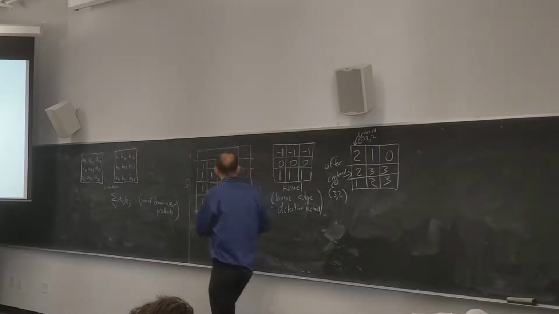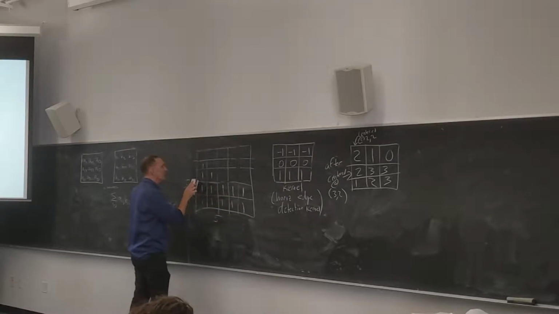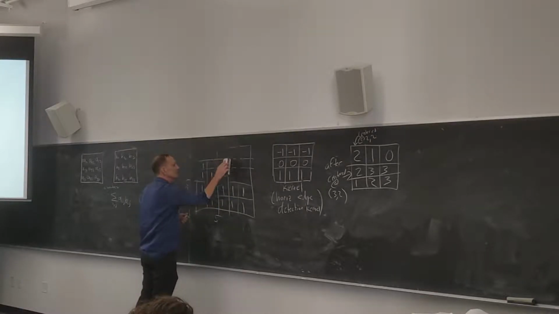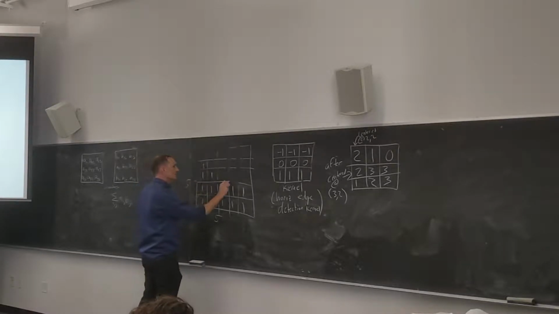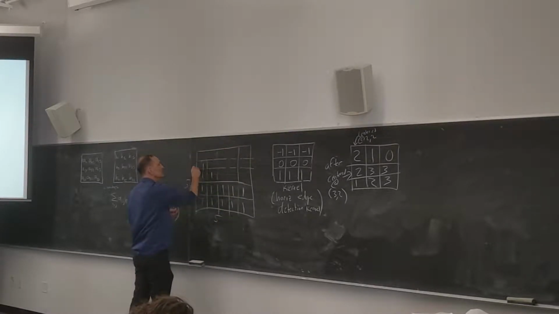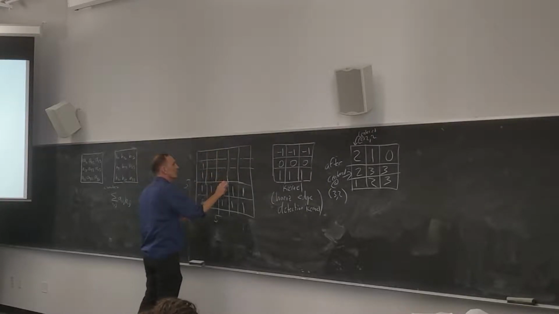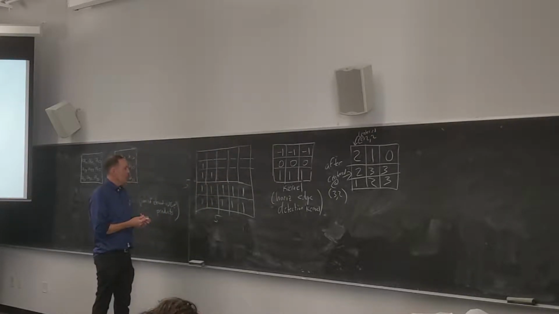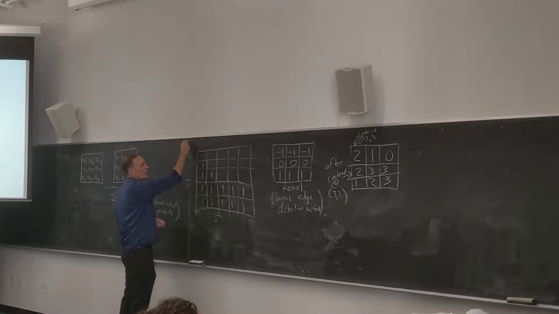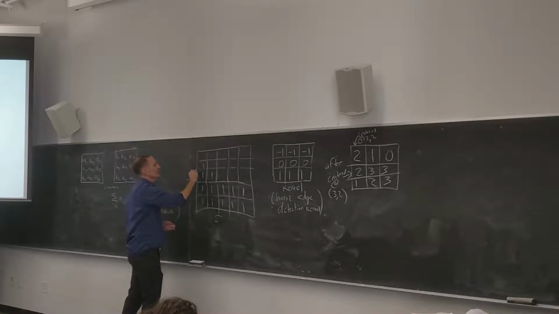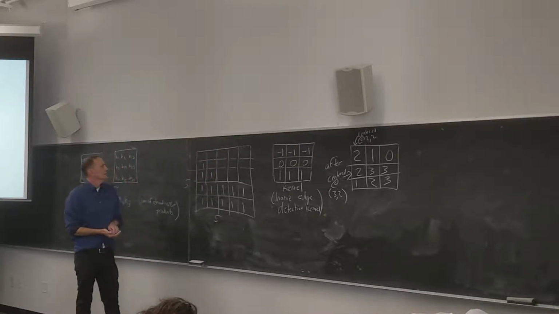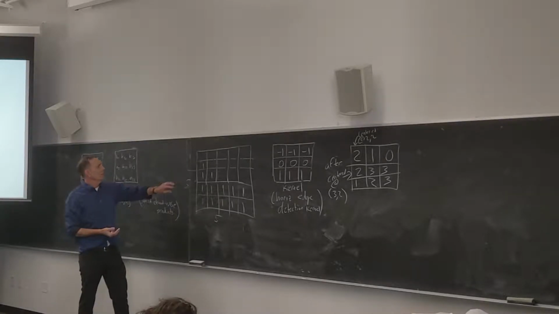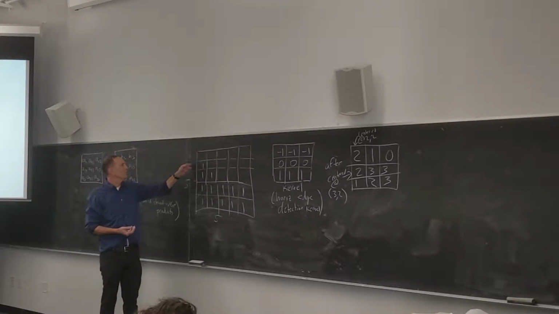Let's see if I can redo this. What would it mean to be centered at 1, 1? That means it'd go off the edge, right? The kernel would look like this. Well, I know how to do calculations with these, but what do I do here?